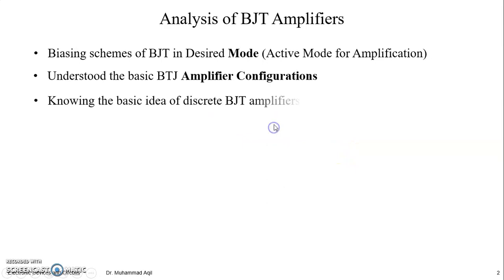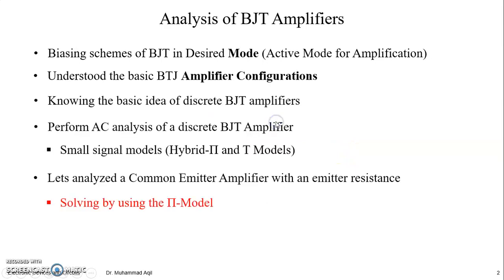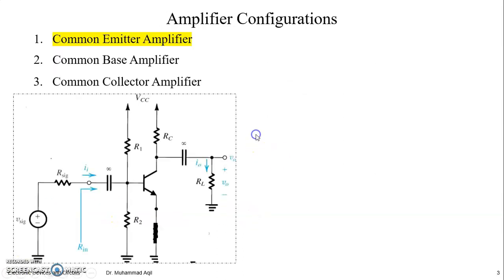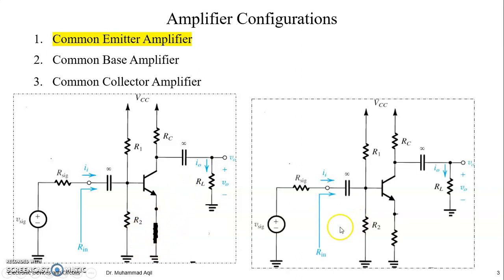We have done all these things in our previous lecture, but this time we are going to analyze the common emitter amplifier with an emitter resistance by solving it with the pi model. We have seen that we could have a common emitter amplifier without an emitter resistance, which we solved using the pi model.